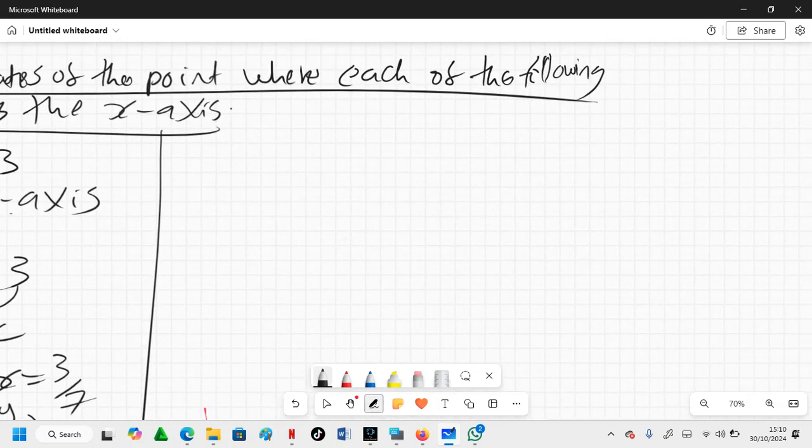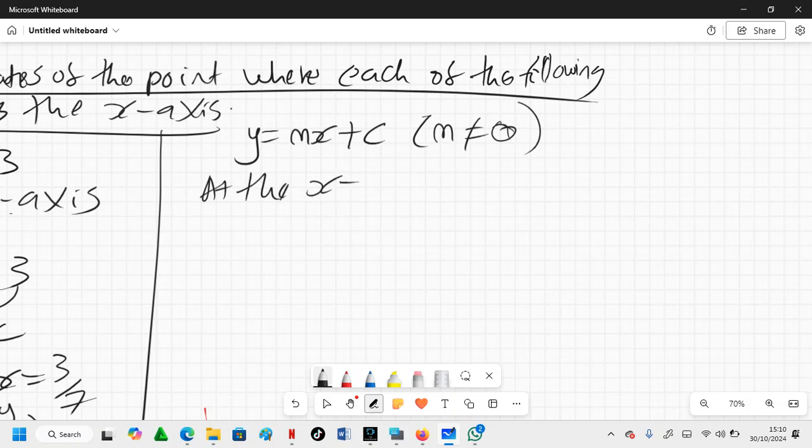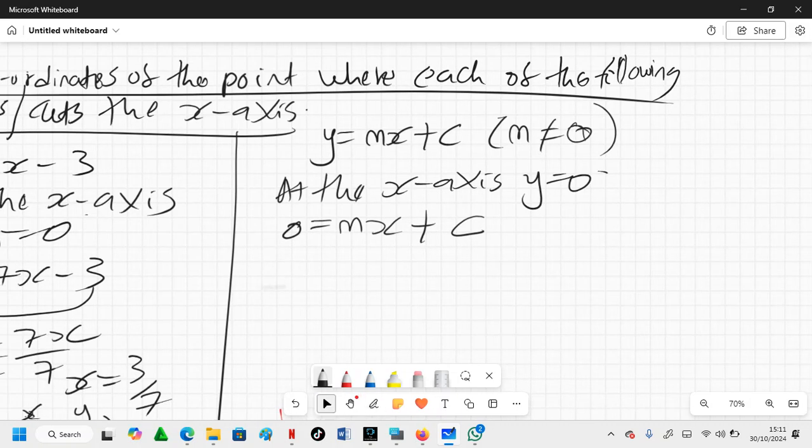So let's consider another one. So y is equal to mx plus c, right? And m is not equal to 0, right? So at the x-axis, y is 0. Therefore, 0 is equal to mx plus c, all right?